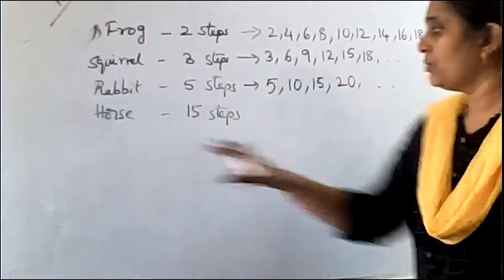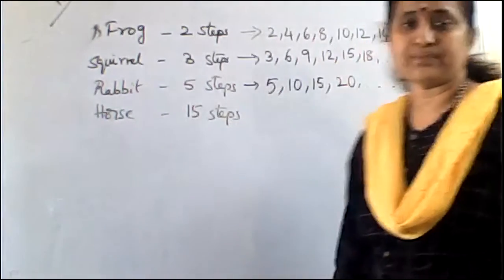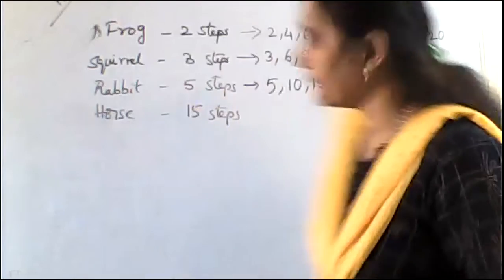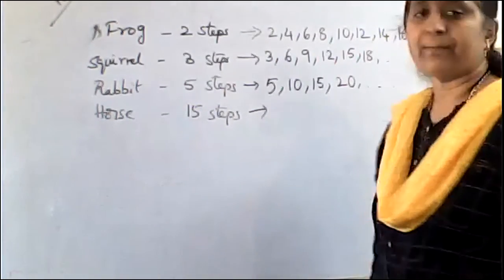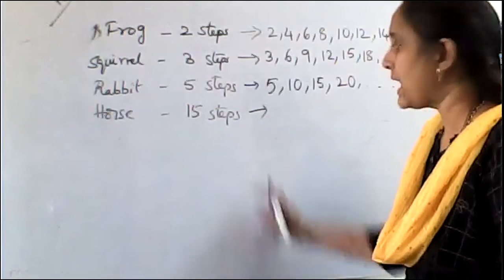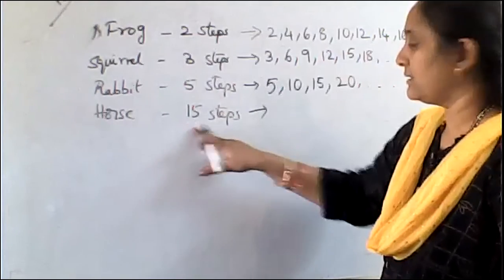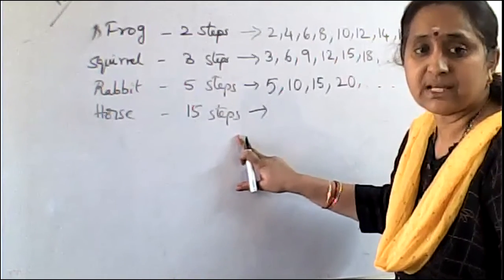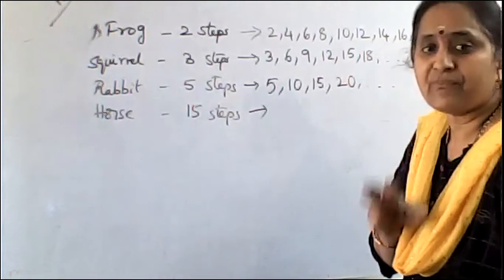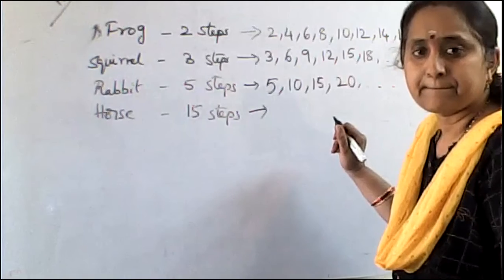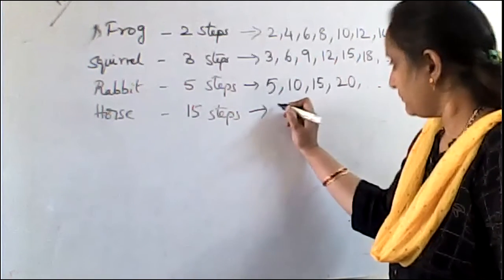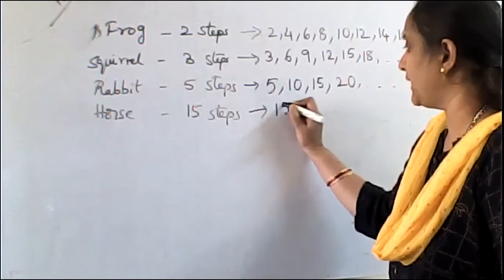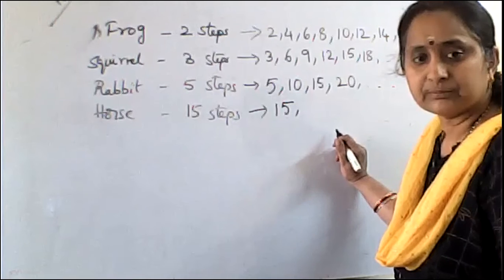Okay. And now a horse can jump 15 steps. So Netra, where will it be at the first step? A horse in one jump, 15 steps it can jump. So on the first jump, where will it be? 15. Say it louder. 15.